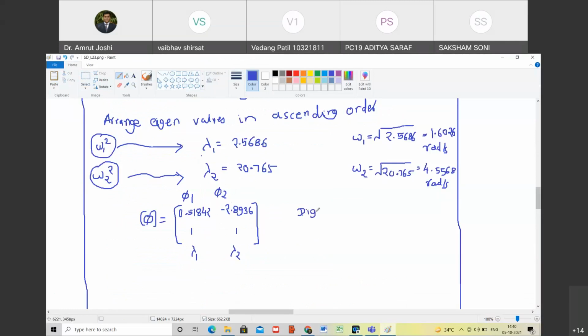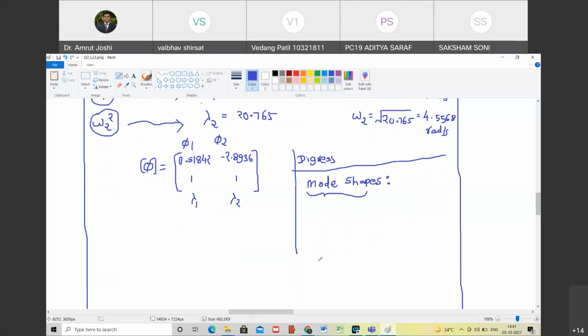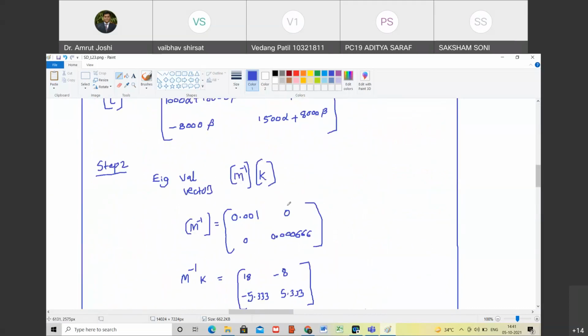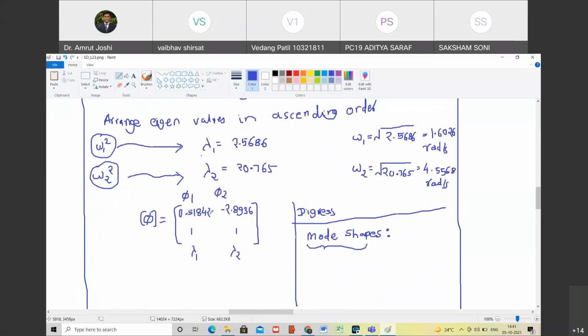Now this is not a part of the solution, a digression, but I am going to plot the mode shapes. So how will the mode shapes come? In the first case, the first mode shape is the first vector of the phi matrix.